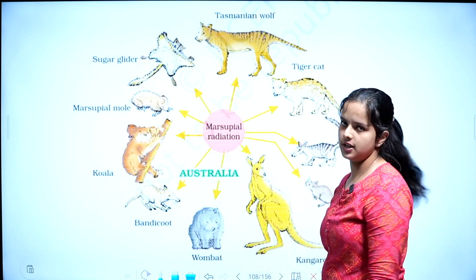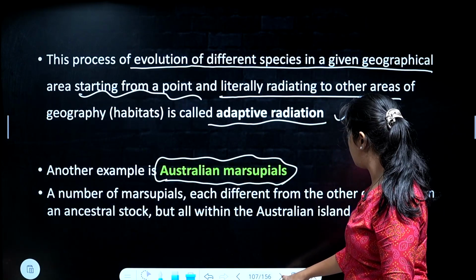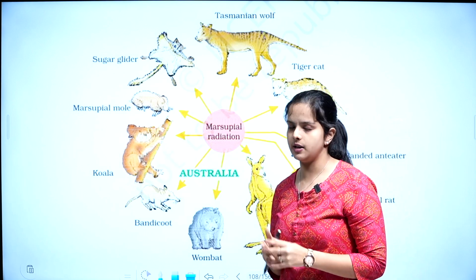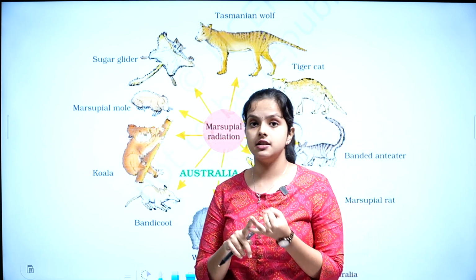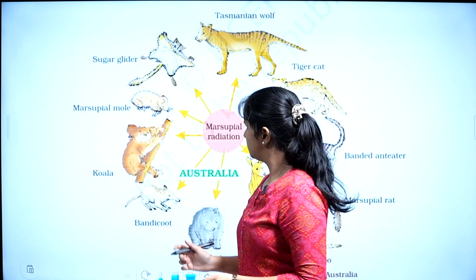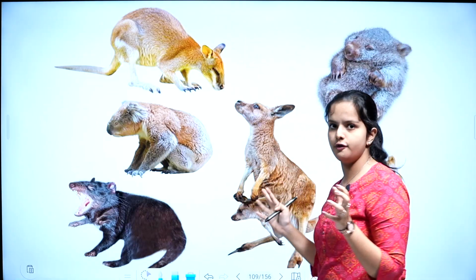It's adaptive radiation again. I hope you understand what adaptive radiation is, and the examples as well, the Australian marsupials and Darwin's finches. That's all about adaptive radiation. It's a very simple topic. Before I conclude this topic, I'll also show a real life figure of Australian marsupials.